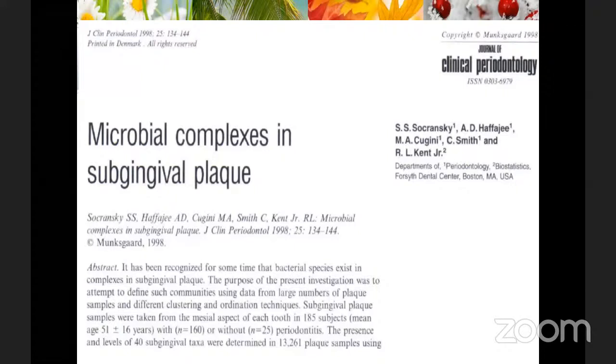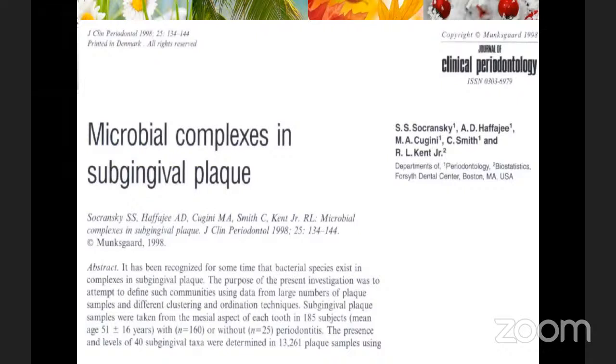Socransky created a color coding system. We know that the primary colonizers are divided into yellow and purple, and the secondary colonizers into orange, green, and red complexes. The Actinomyces and the different streptococci come in the yellow and purple complexes, and the red complex is P. gingivalis, Treponema denticola, and Bacteroides forsythus, which is now known as Tannerella forsythia.